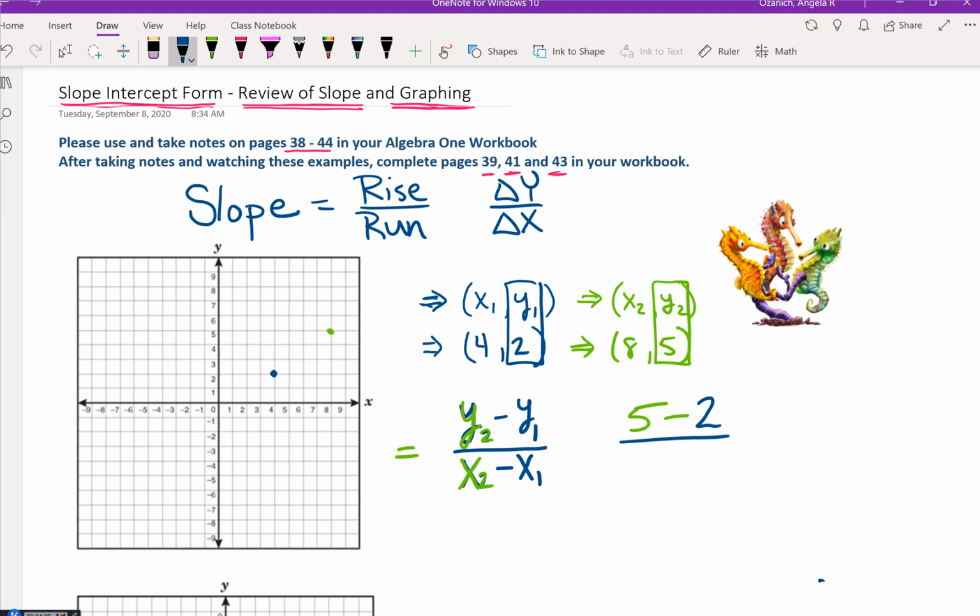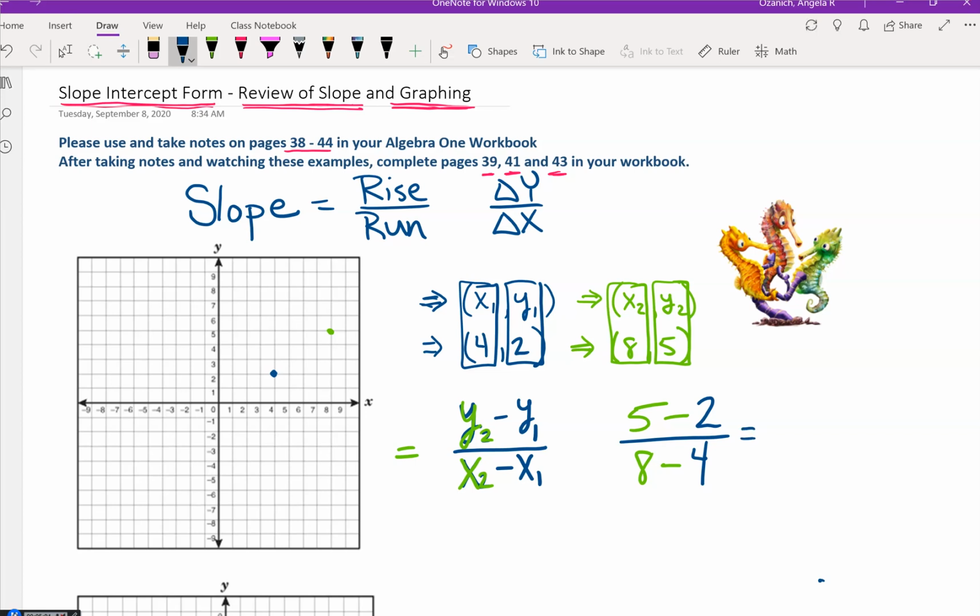And then on the bottom, again, because I started with my green, I'm going to come back to this point and grab my x value. And then I'm going to come back to my other point and grab that x value. And this is going to allow me to find the change in y and the change in x.